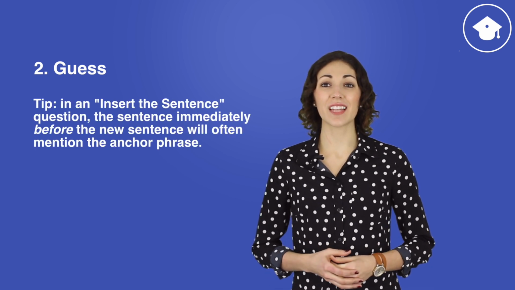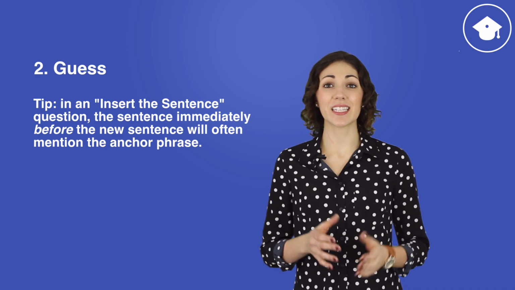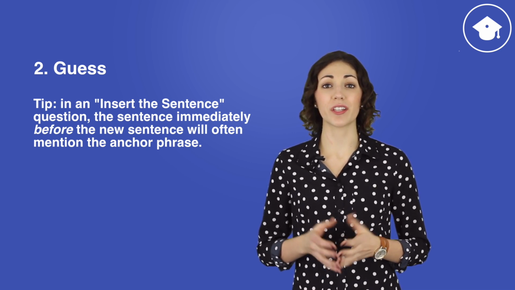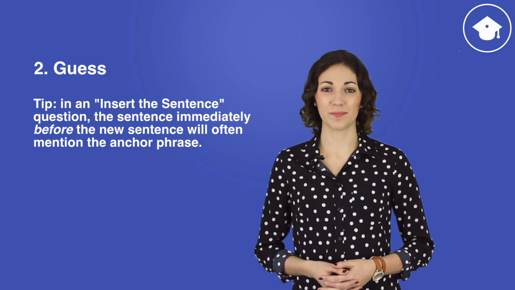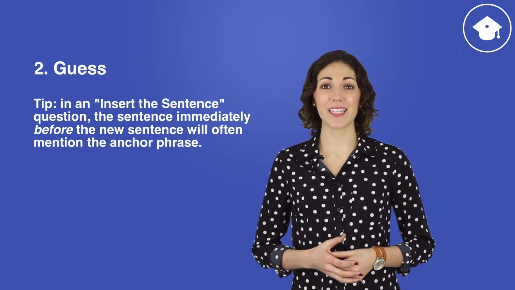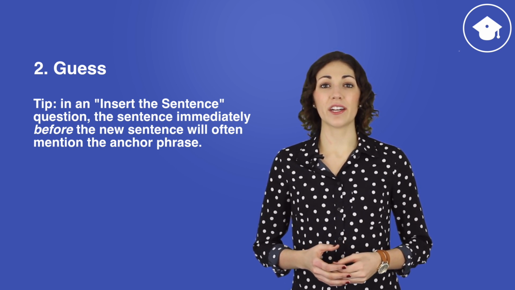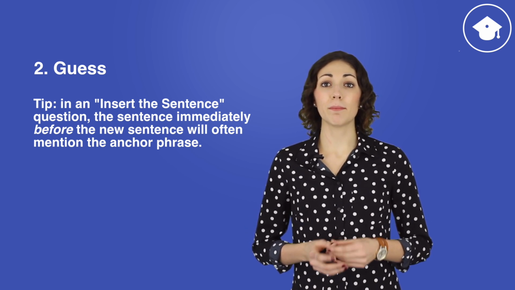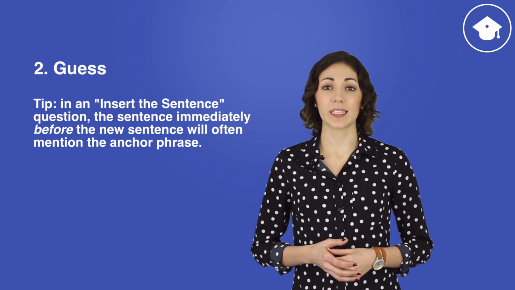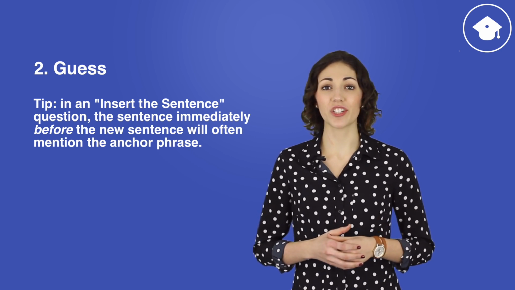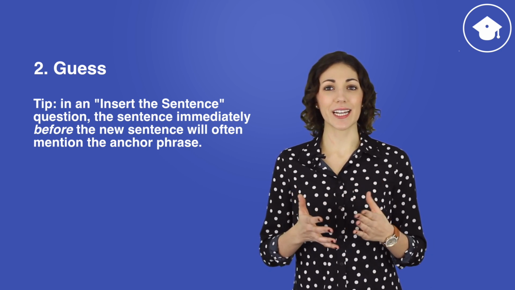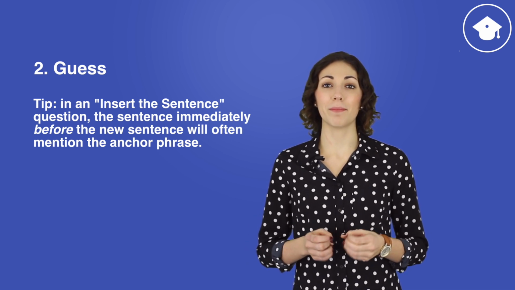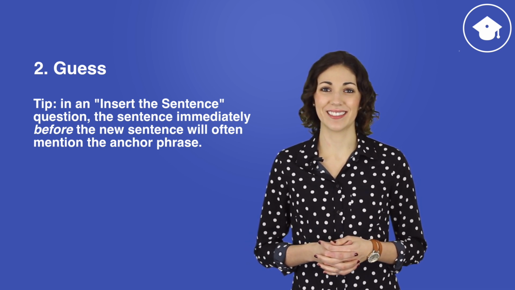The sentence immediately before the new sentence will often mention the anchor phrase. For example, if our anchor phrase is this publication, then the sentence immediately before the new sentence will mention publications. So we can predict that the sentence goes immediately after a sentence that mentions publications.